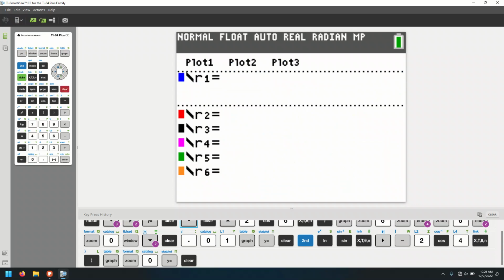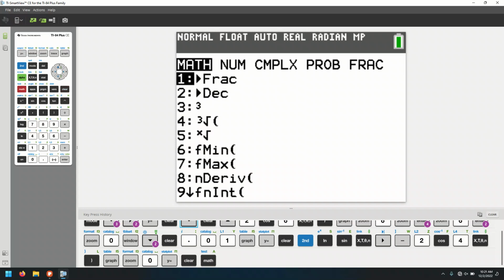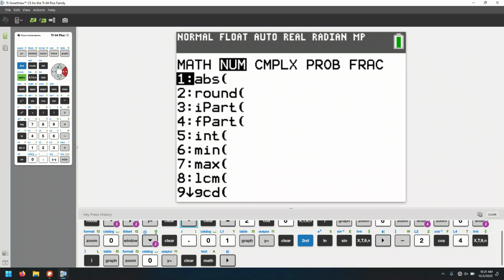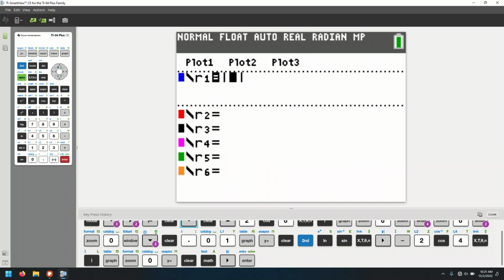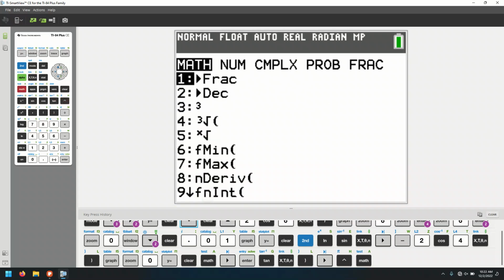Let me clear. For absolute value bars, you want to go to math, num, and that's absolute value. That's going to be tangent theta, close parentheses, and raise it to the power that's also an absolute value function.